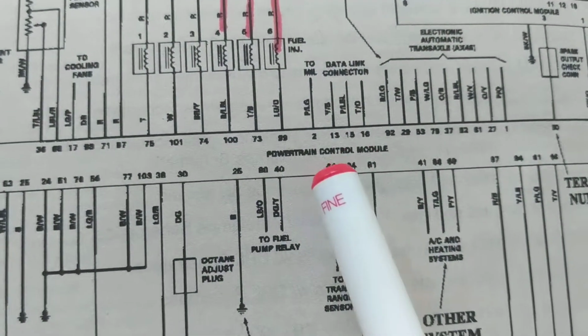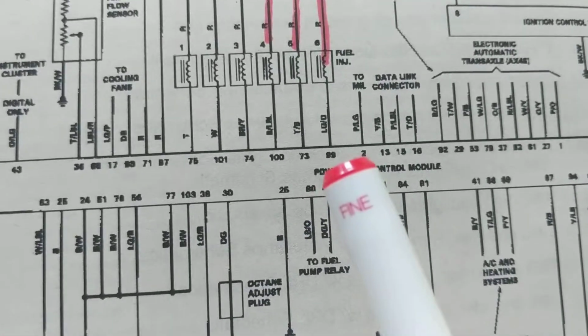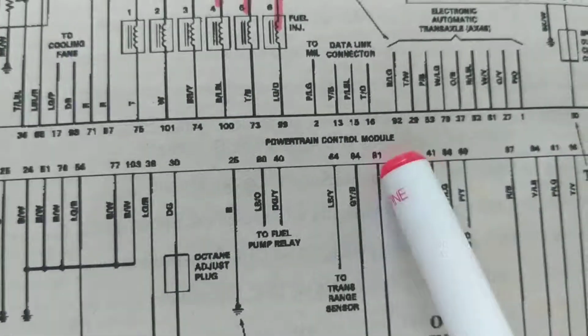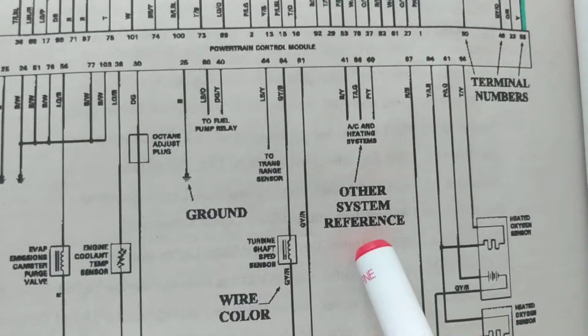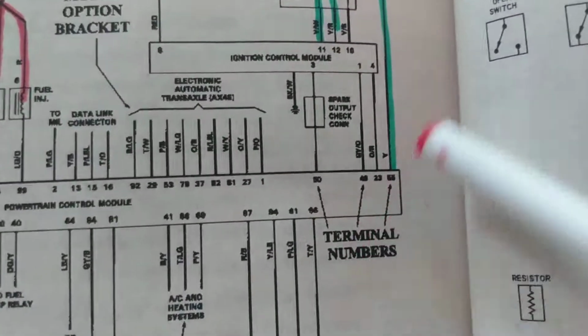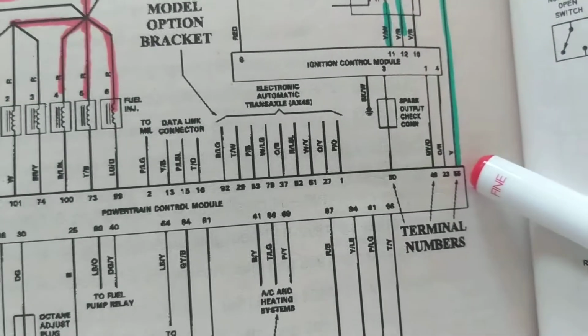Anything related to performance of the engine, where we alter or change the fuel ratio, is the PCM. So look for things like that. Okay? So these are grounds. What you always have to do with the PCM is look for a B+. It has to have a B+, 12 volts going in.